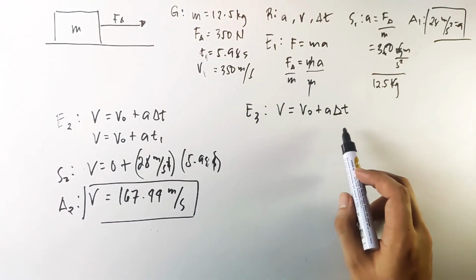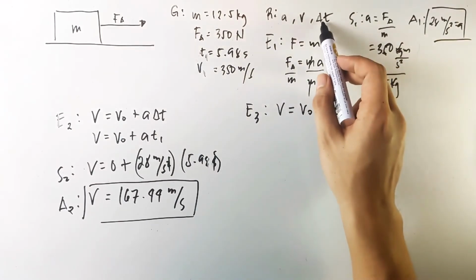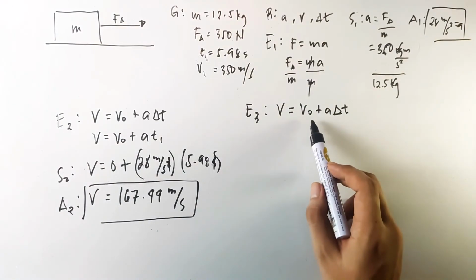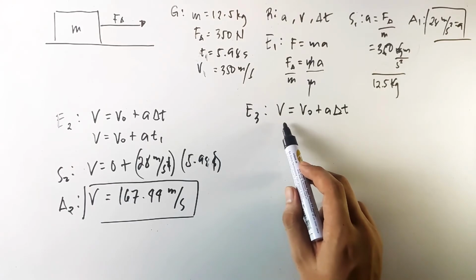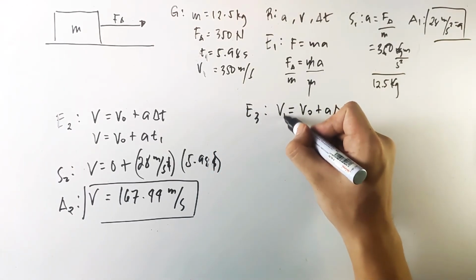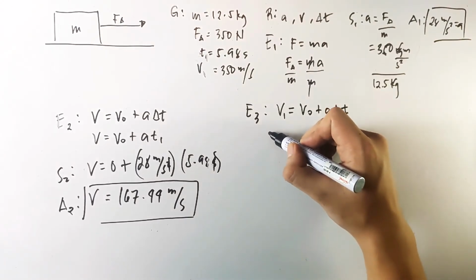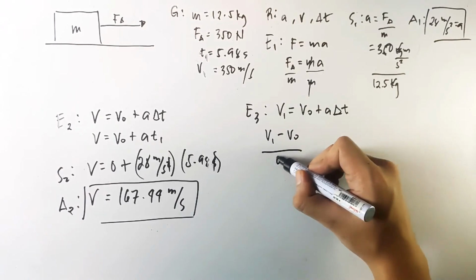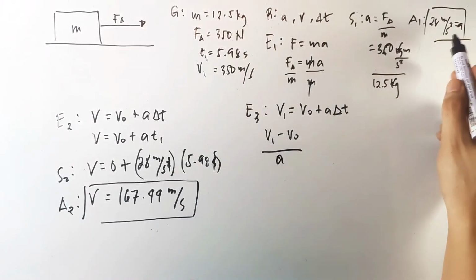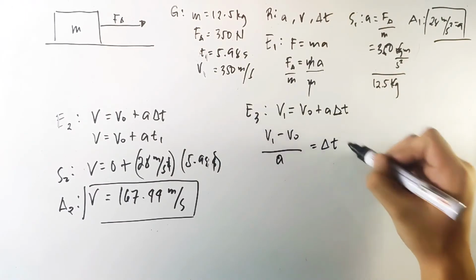In this case, we're going to find time as per our required. Initial velocity would still remain 0, and the velocity that we're going to use is the velocity from the given, which is v sub 1. Then reframe your equation: v sub 1 minus v sub 0 divided by a, which is your a from the first answer, is equal to delta t.